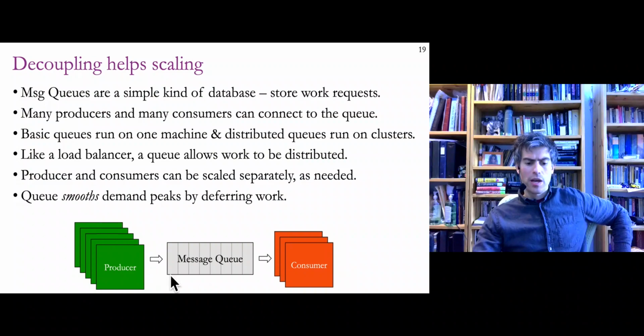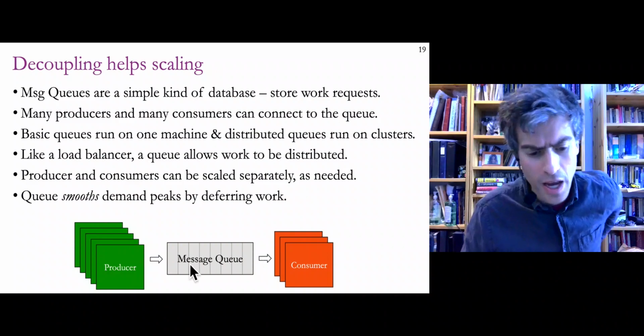Notice also that you can scale the producers and consumers separately and dynamically. It might be that the amount of work done by the producers requires 5 of those to be running, but the amount of work done by the consumers is less, so you only need 3 of those to be running. So you can monitor those and scale them separately.